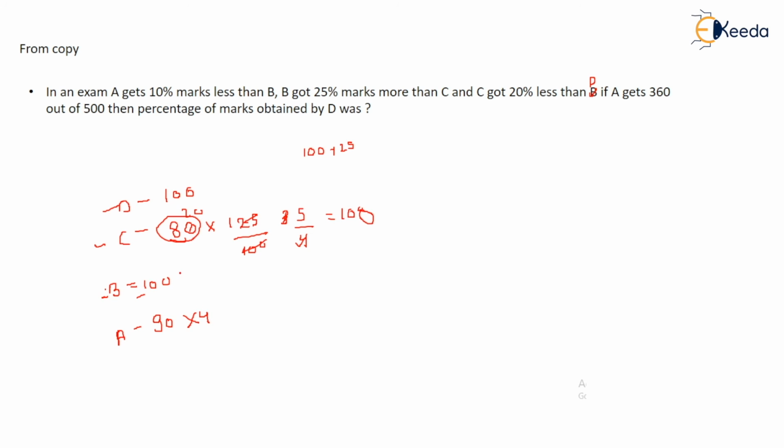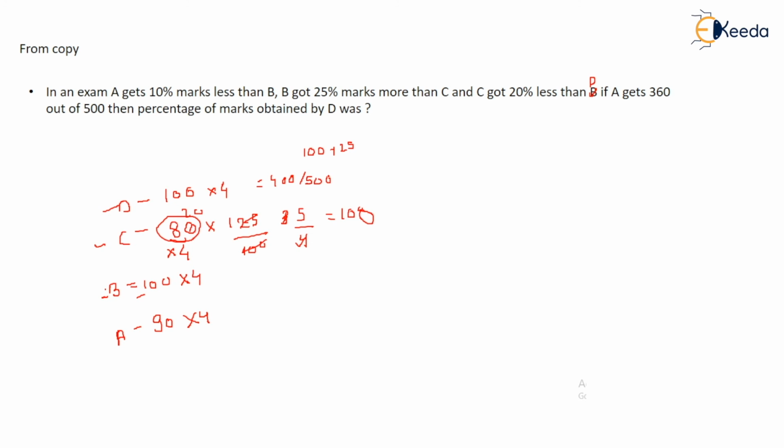By 4. Similarly, you have to multiply B by 4. C was 80, so here also multiply by 4, and here also multiply by 4. So how many marks were scored by D? It was asked. So 100 into 4, that means 400 marks were scored by D out of a paper of 500.